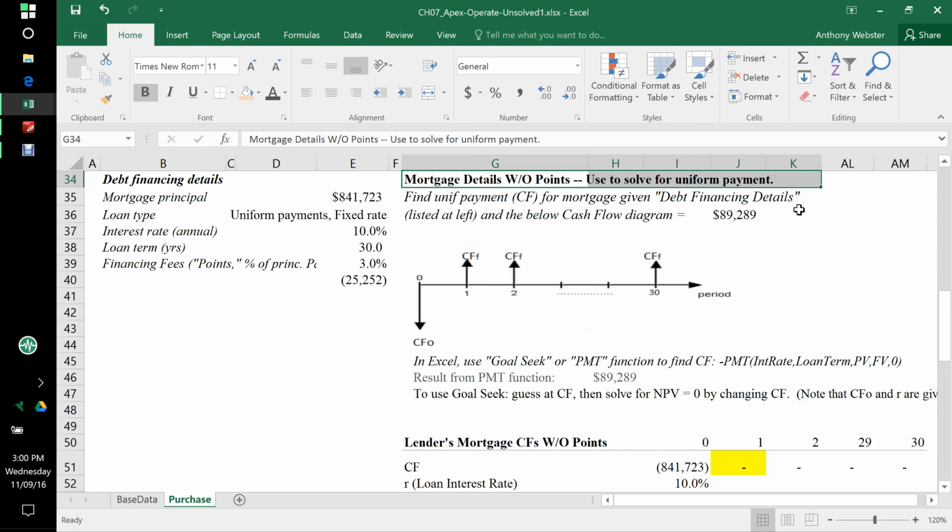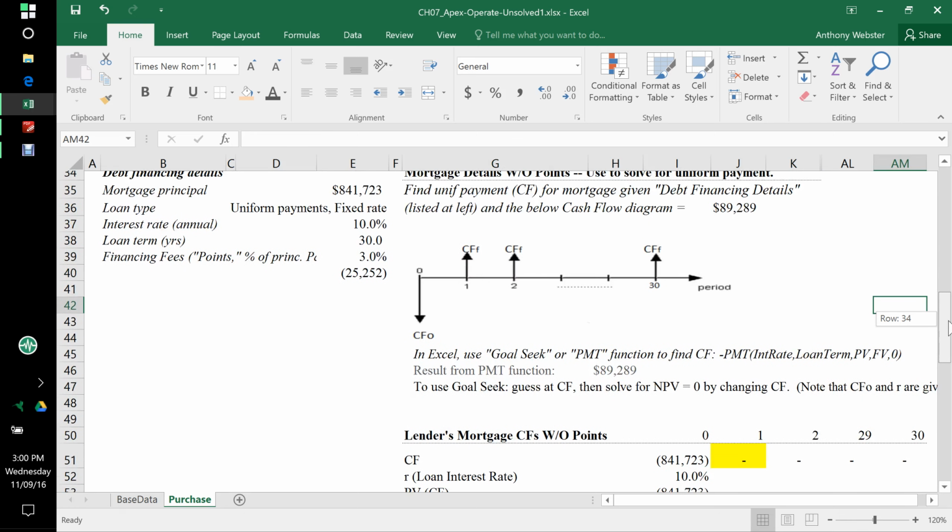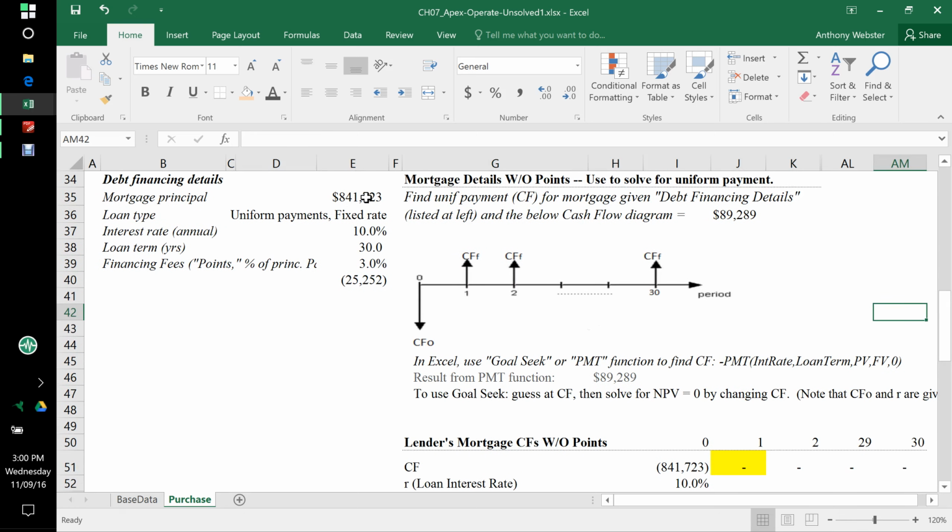We're assuming a uniform payment, fixed rate mortgages. So typically your managing director is going to say to you, we're getting this amount, annual interest rate of 10%. It's a 30-year mortgage, and we're paying points of 25,000.